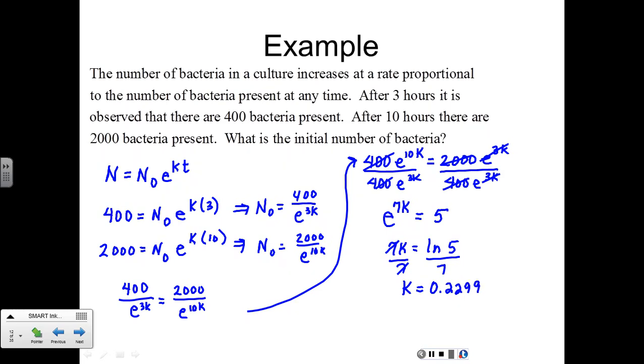Well, what do I need to do then to find N sub 0? Either one, it didn't matter, right? You could do it to both to make sure you're on the right track, okay? So let's go ahead and do 400 divided by 3 times... how do I want to do that?